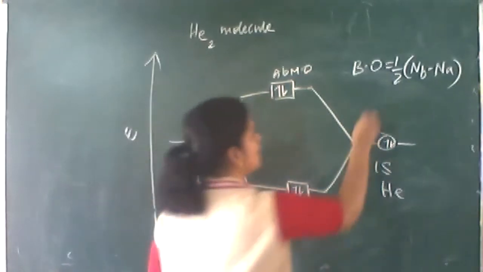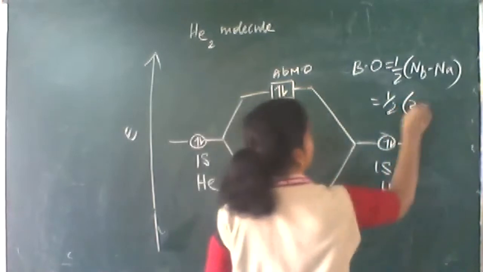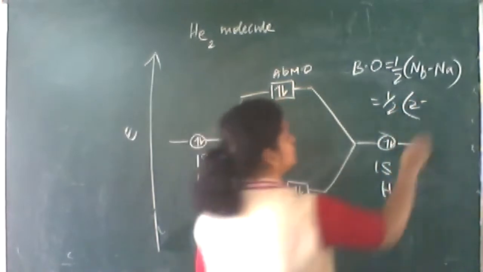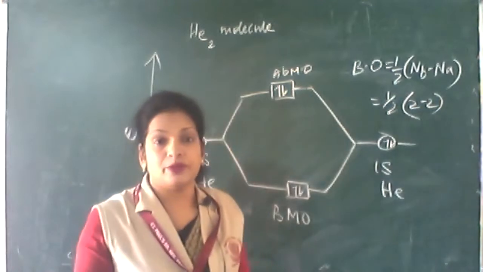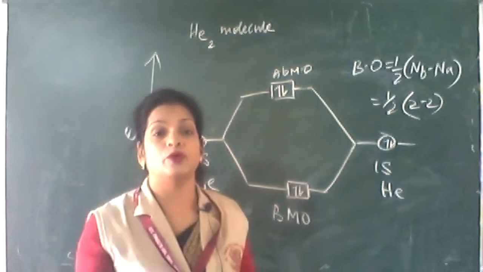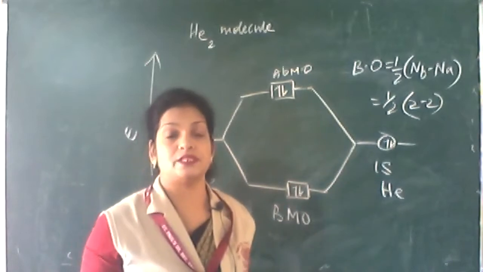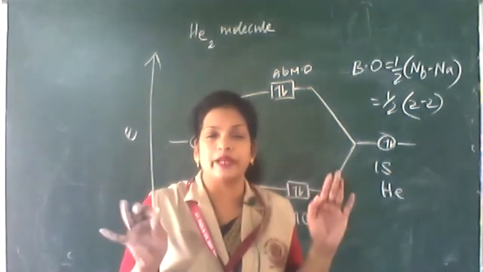So here, half into Nb, that is 2, minus Na, that is 2. So 2 minus 2 is 0, half into 0 is 0. That means bond order is 0, meaning no bond exists between He and another He. So the He2 molecule does not exist.